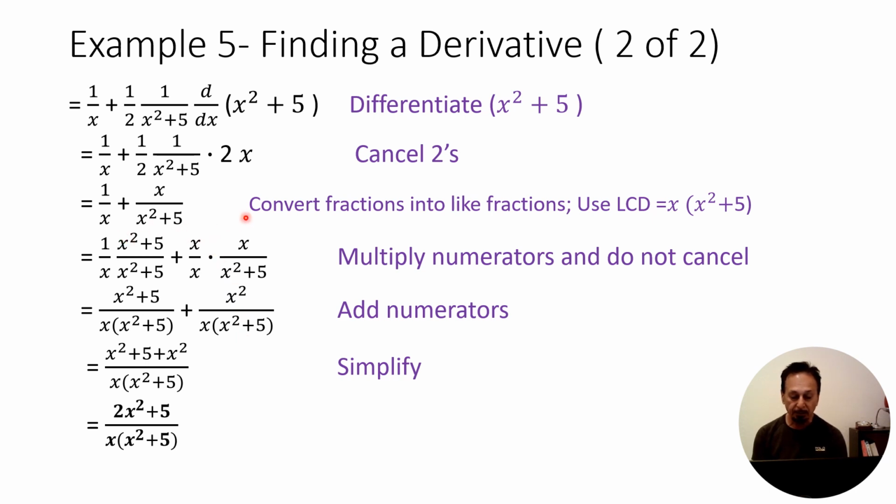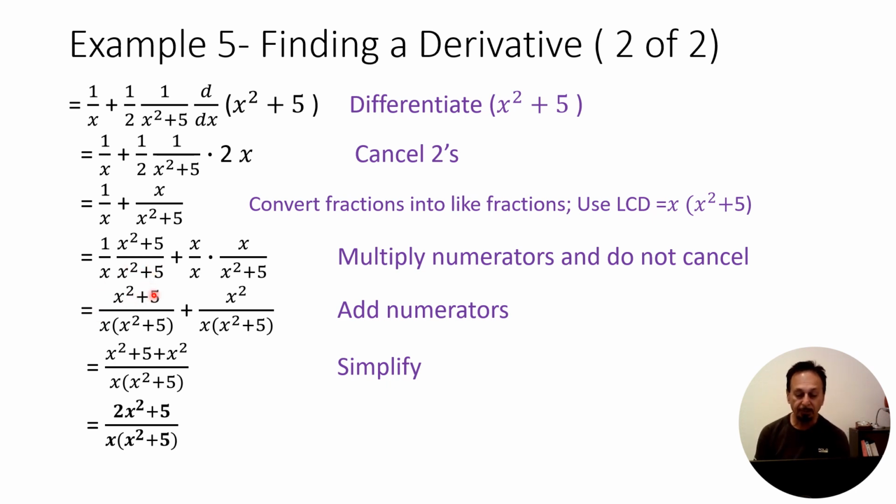Well, basically we're done, but we can condense this into a single fraction. We can find the LCD, which is x times x squared plus 5. For the first fraction, we multiply top and bottom by x squared plus 5, so it becomes 1 times x squared plus 5 over x times x squared plus 5.